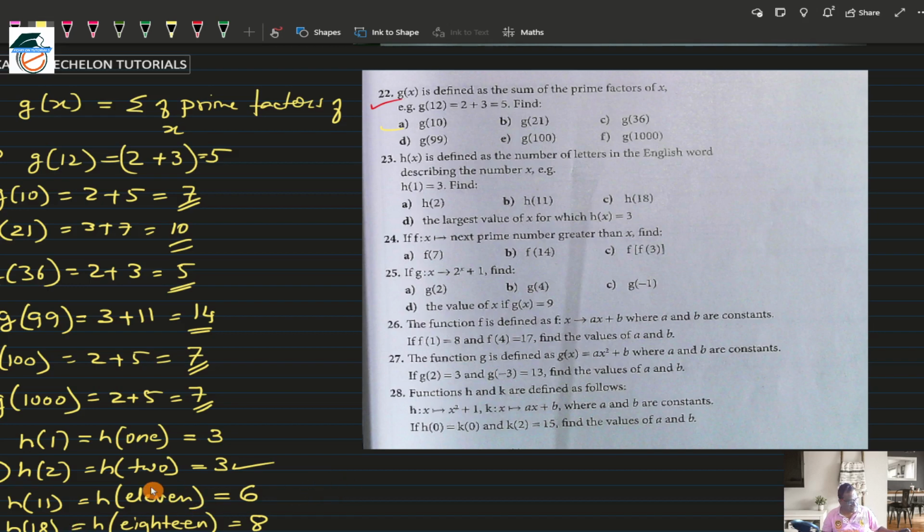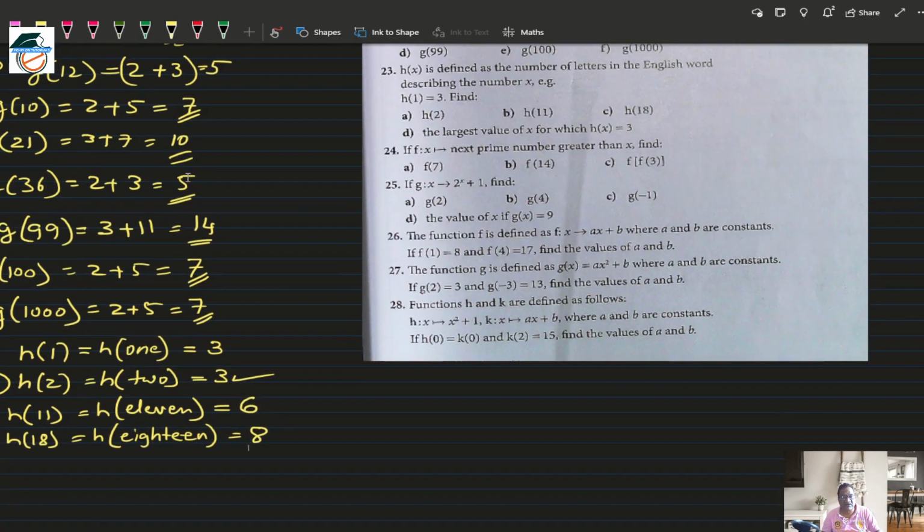Okay, so we have to create some space. And D is what? The largest value of x for which h of x is equal to 3. So if you go by this 3-letter word, 1, 2.